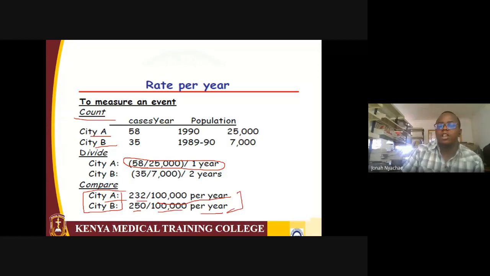So this is just comparative. When you are comparing, you must have a common denominator. When you are dividing, you can have variant denominators. And when you are counting, you are only interested in the cases in a population. I hope that is common mathematics.